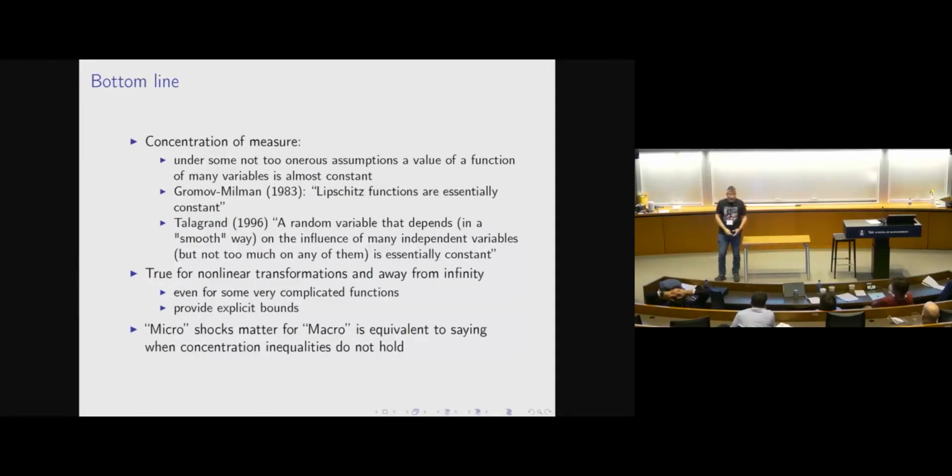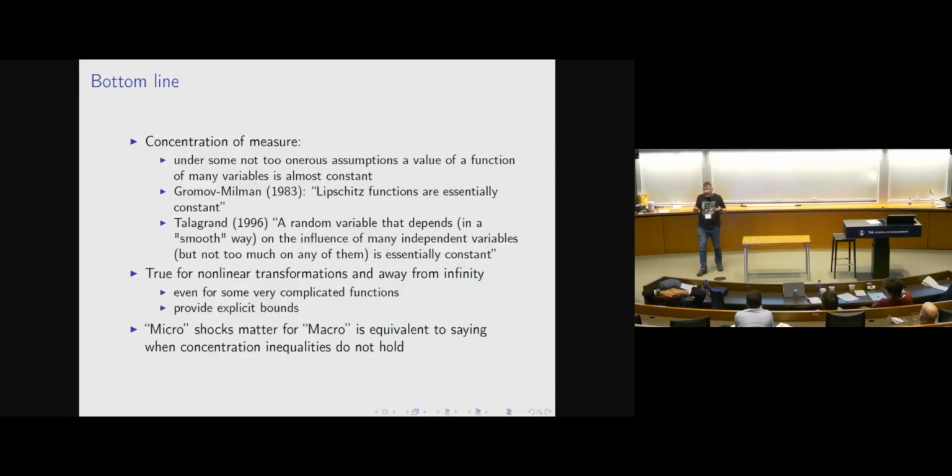So what's the bottom line? Essentially, the big question, an example of what Ian is doing, is how microshocks translate to macro consequences. And concentration of measure inequalities tell you that under some very non-onerous assumptions, the impact is always going to be very close to the mean.